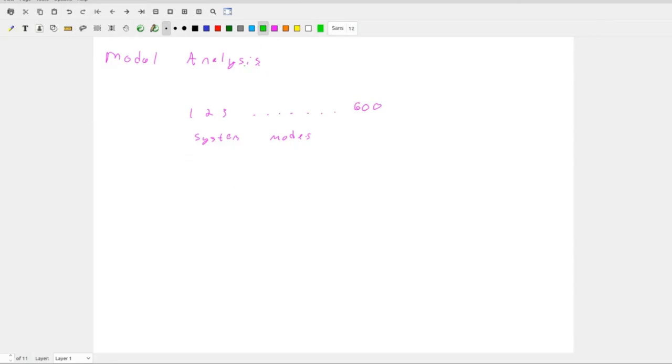But we only can really measure these, so we can rebuild the system with these modes. That makes sense? Not perfectly. We're going to lose some things, but we're going to truncate our system down, and we're going to do that using modal matrices.